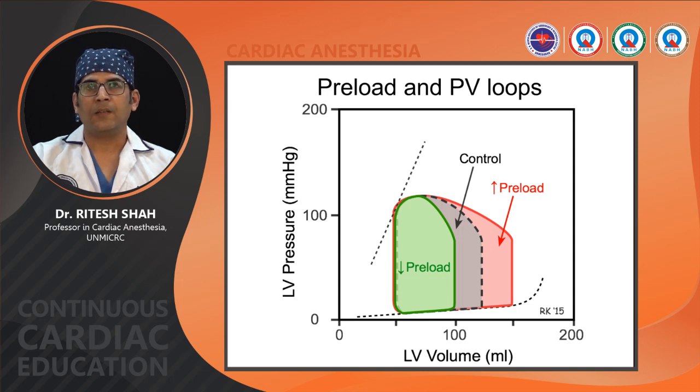So if we increase the preload, end diastolic volume increases and end systolic volume remains the same if we don't change afterload or contractility, and stroke volume gets increased. If preload is reduced, end diastolic volume is reduced, so stroke volume is reduced.